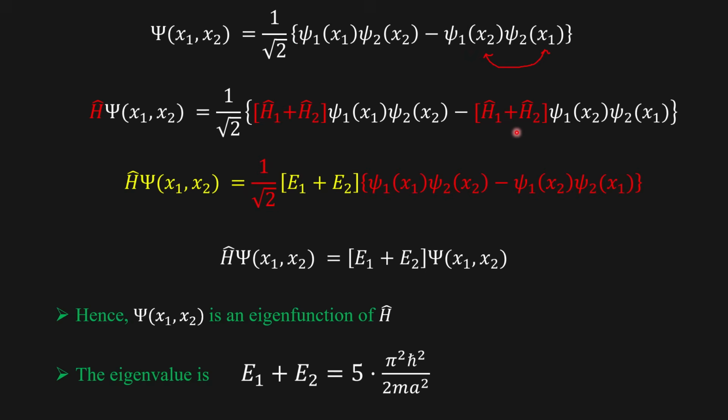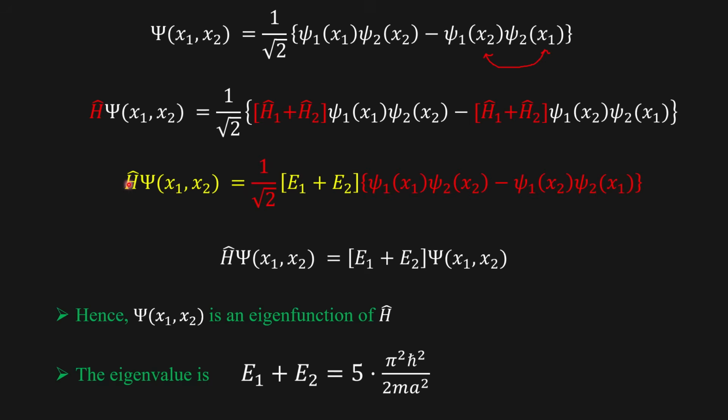It is a linear combination. When H1 plus H2 acts on this wave function, you will get the energy level E1 plus E2. Since E1 plus E2 is a number, you can take it out. The remaining part, 1 over root 2 times this combination, is nothing but the total wave function.